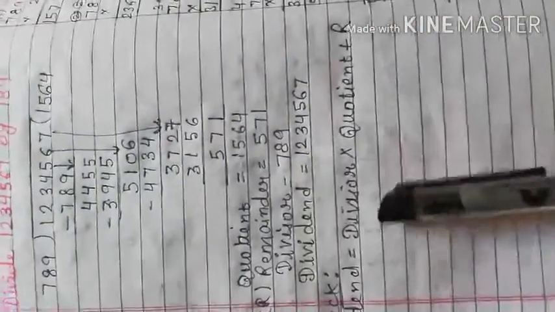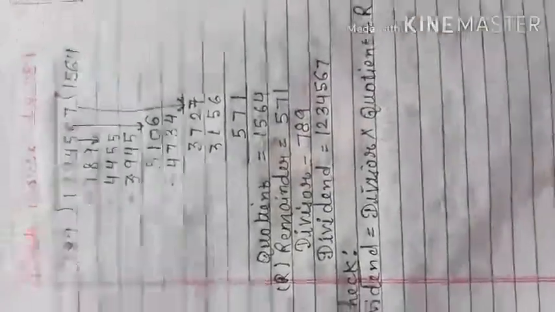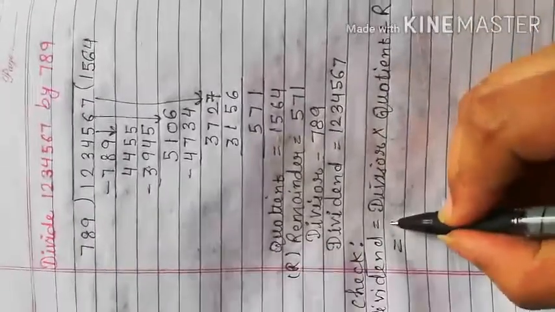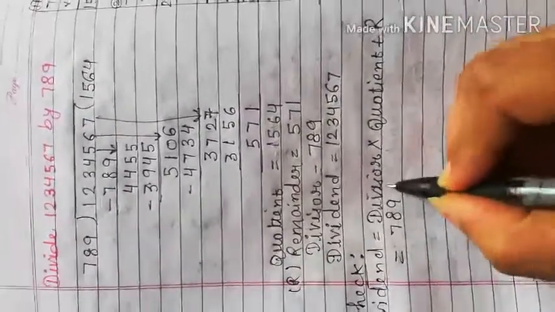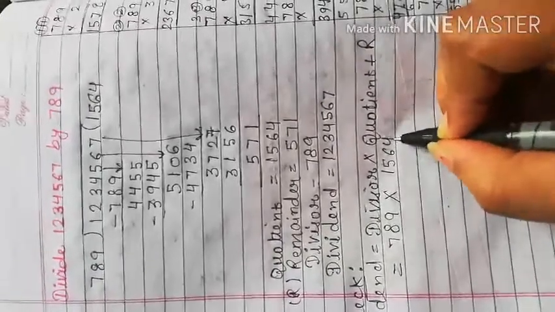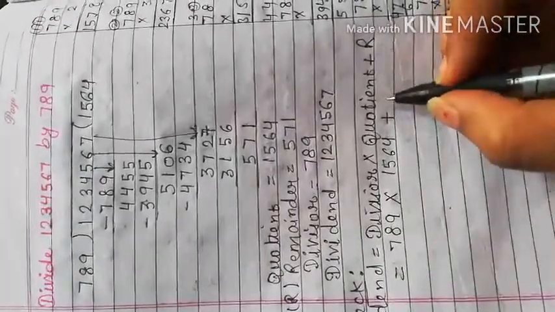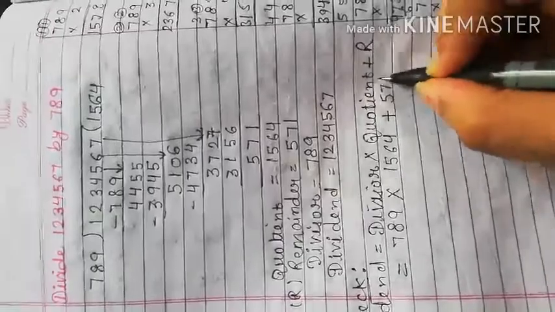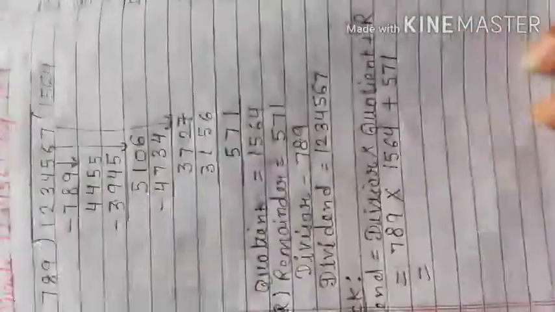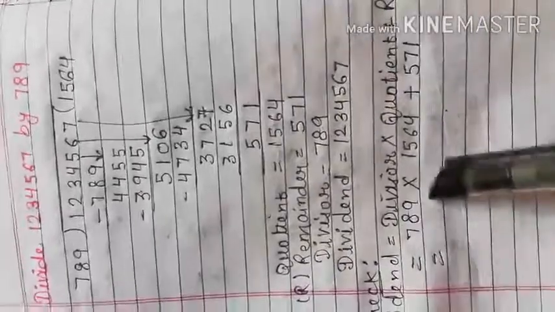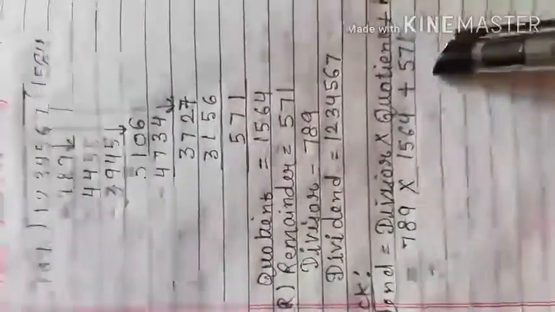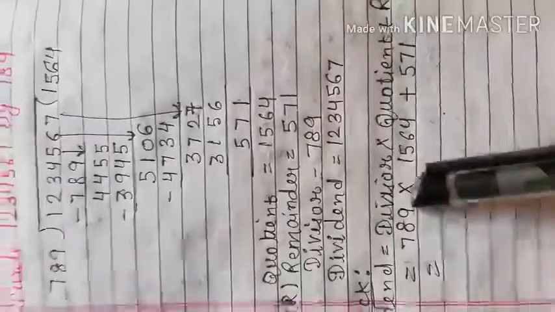Now you can see divisor is 789, quotient is 1564, and remainder is 571. Now we can see that we have an equation in which we have to multiply divisor and quotient, and then in the answer we will add 571.